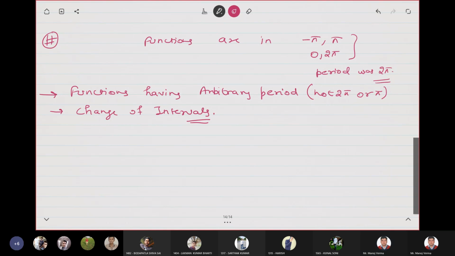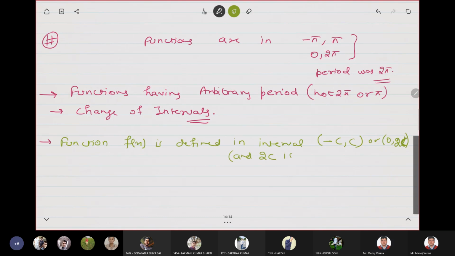So let's consider a function f(x). A function f(x) is defined in the interval minus c to c or 0 to 2c, and 2c is the period where c can take any value. c is not equal to pi, c can be anything.